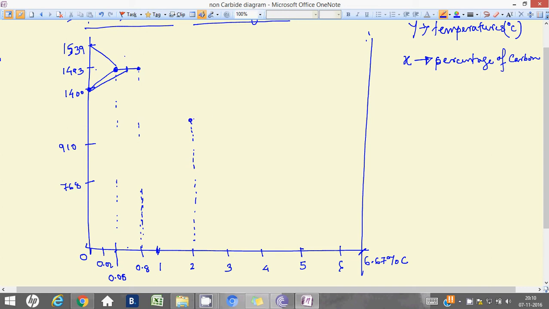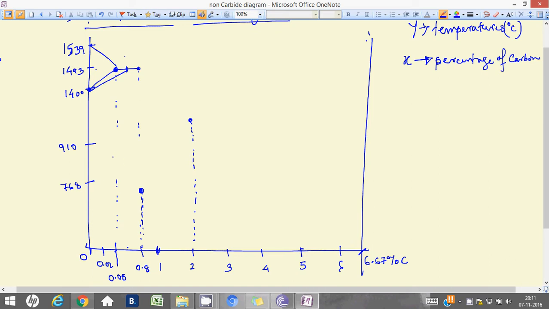Suppose there is another point at 0.8 percentage, less than 768. So one point is more than 910 and the other point is less than 768.